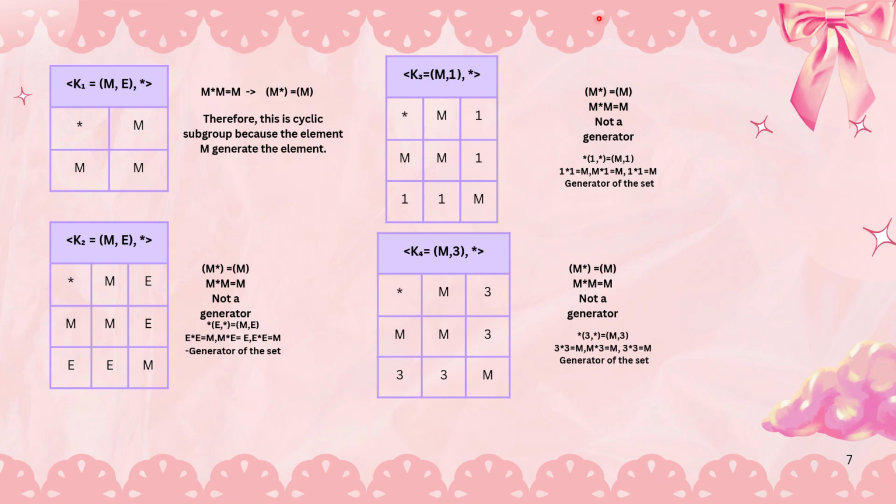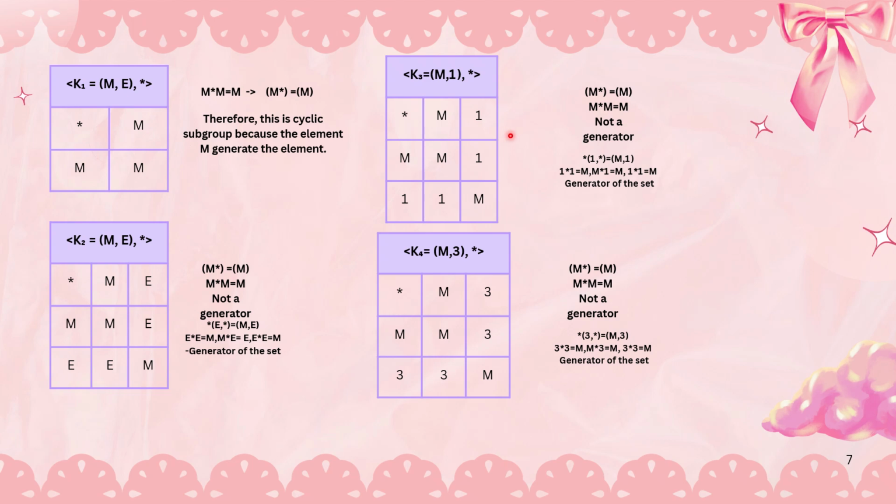Now, let's proceed to K sub 2, which contains the elements M, E under the binary operation. As I've already said earlier, M operates M is not a generator, but when we operate E by itself, E operates E is equal to M, then M operates E is equal to E, then E operates E is equal to M. Therefore, the element E is a generator for this set.